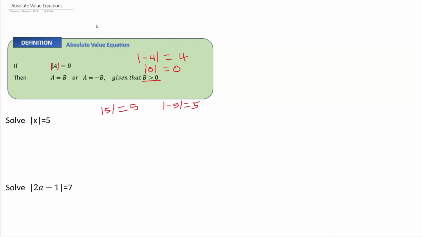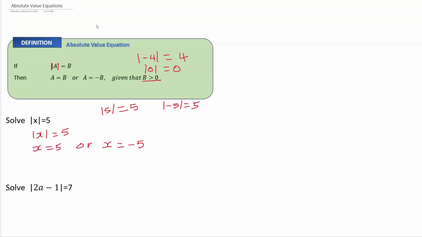So that means when you solve an absolute value equation, you will get two solutions. For example, if I have the absolute value of x equals 5, you write it as x is 5 or x is negative 5.